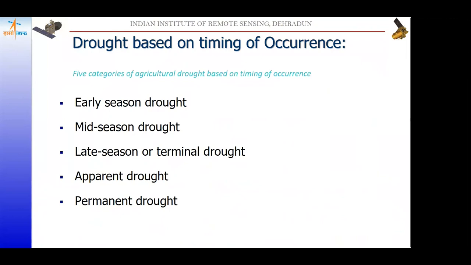So the very first is the early season drought. Early season drought is defined when, at the very start of the season, like in the Kharif season or monsoon period, in the month of June or maybe the first fortnight of July, the monsoon or rainfall precipitation is not available over a wider area or spatial extent.